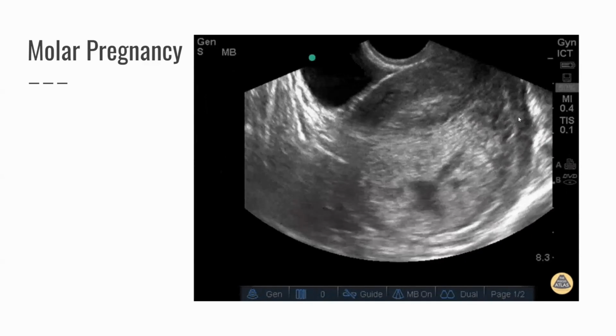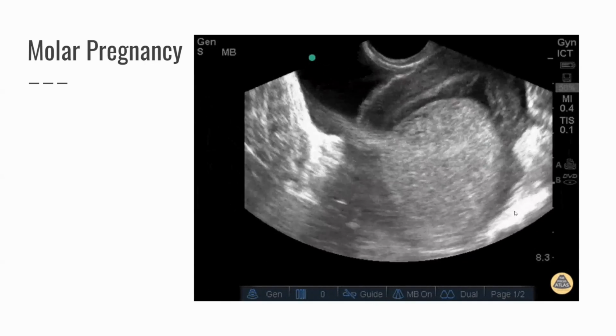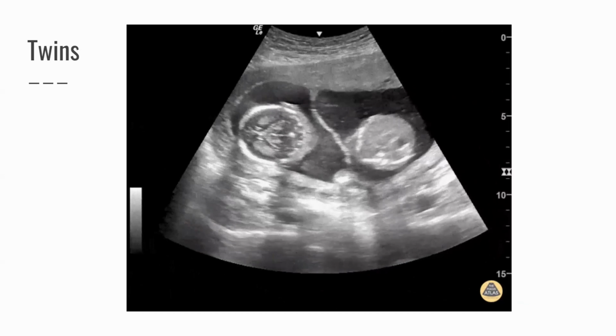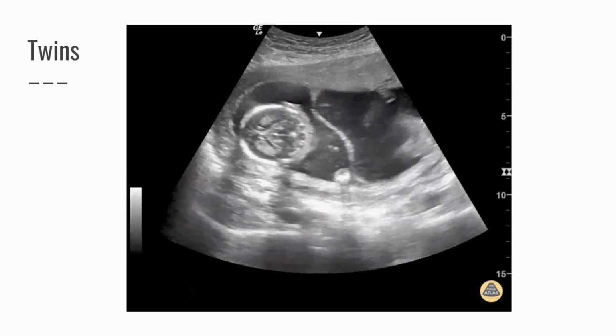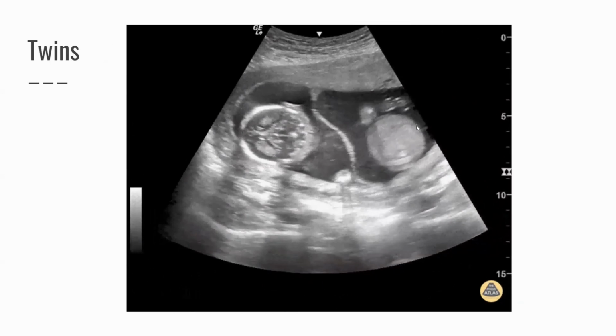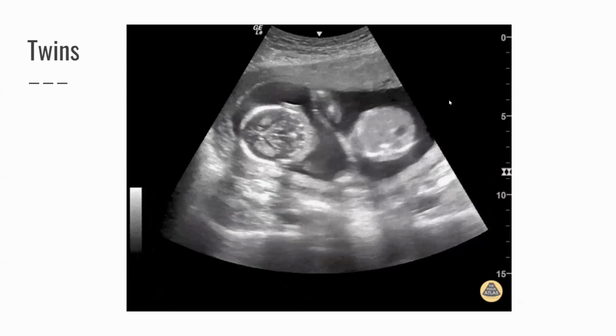This is obviously not viable, and you would reach out with an OB consult to get this evacuated. And then I just wanted to share a quick fun picture of twins. So you can kind of see this uterus with a couple little fetuses inside. And that's all I have.